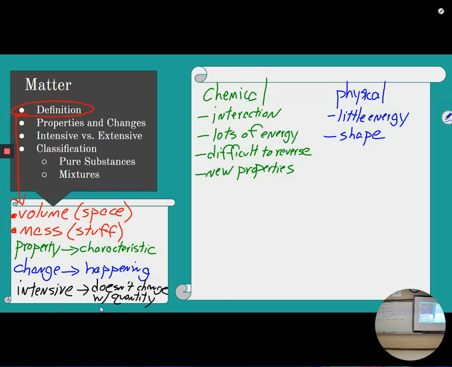The only thing that's changed about that salt is it has changed in shape. Okay? So, included in physical would be things like dissolving or undissolving, recrystallizing. It would include things like phase changes, so solid, liquid, gas.